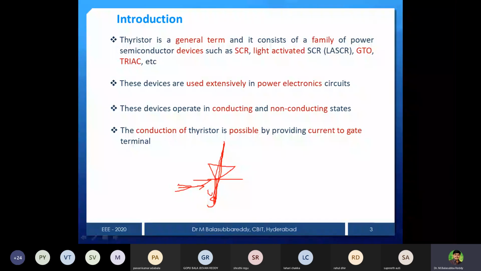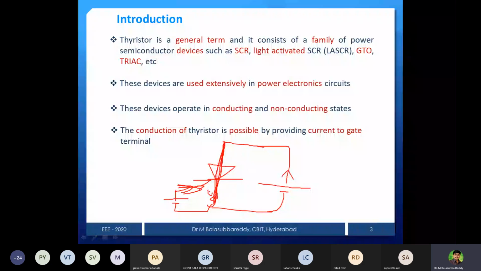Either you can pass the minimum gate current and it will trigger, or you can pass some voltage across gate and cathode. If we close this way, in turn it passes current, and then also the device is going to trigger. That is one method. Or otherwise, there is also anode to cathode voltage. If you give some voltage like this and go on increasing it, at some point of time the device is going to be triggered.